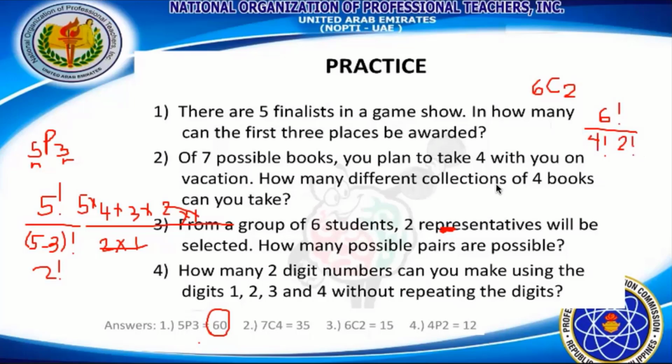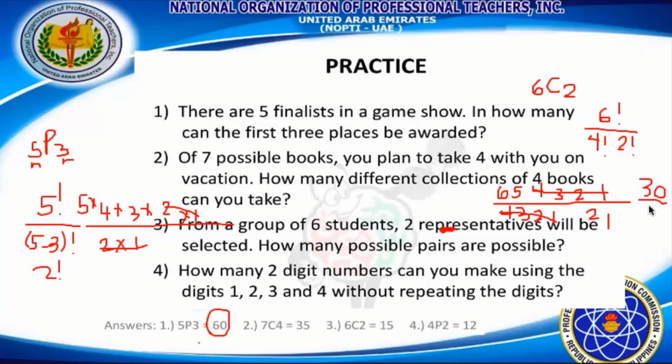So, paano mo solve yun? 6, 5, 4, 3, 2, 1 divided by 4, 3, 2, 1 times 2, 1. So, tatanggalin ko ito. 4, 3, 2, 1 tsaka 4, 3, 2, 1 kasi pareho lang yan. 6 times 5 is 30.